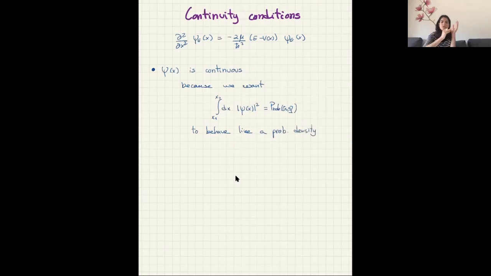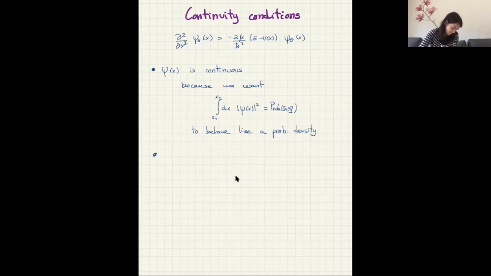And this means it should not have sudden jumps in particular. Now this is still relatively hand-wavy, but for now, let's just accept that this is what we want, and we consider solutions where the wave function is not continuous to be unphysical for now.